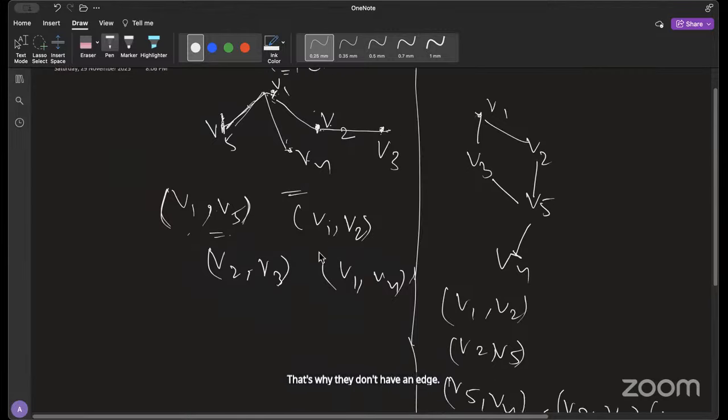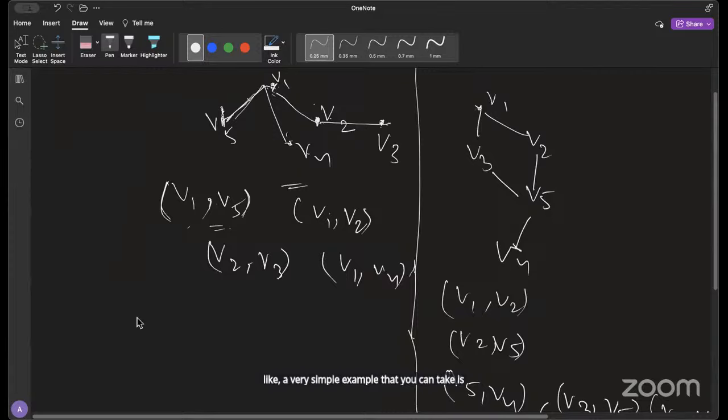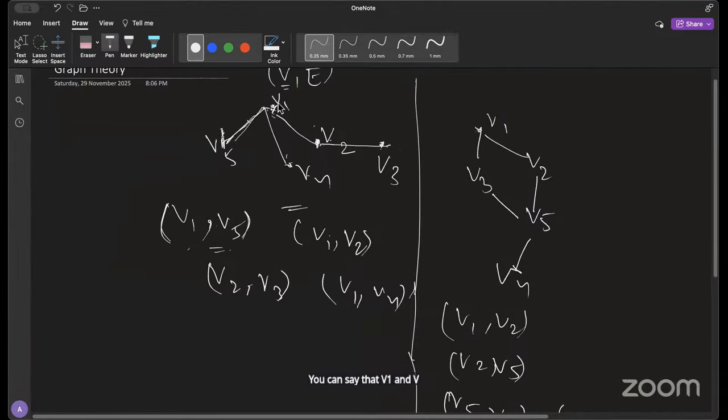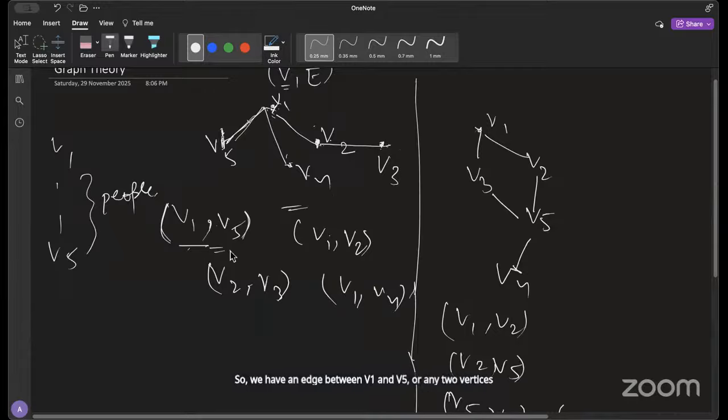Like a very simple example that you can take is, let's take the example of friends. Let's take V1, V2, V3, these vertices as people. Let's say these V1 to V5 are people. And then the edges that you're taking, these edges, V1 to V5. So we have an edge between V1 and V5 or any two vertices if they are friends. So if V1 and V5 are friends, then they have an edge.